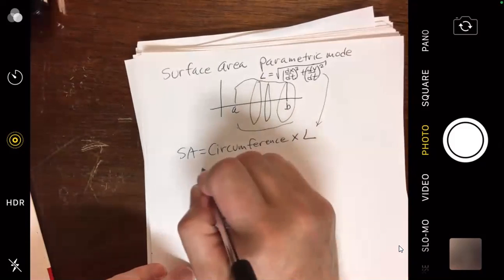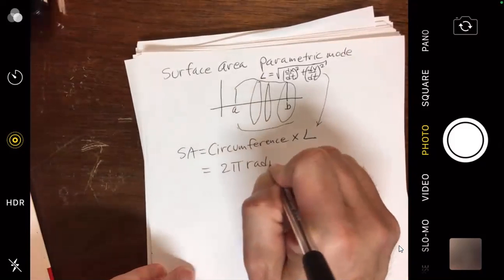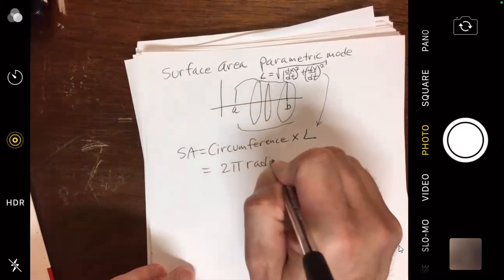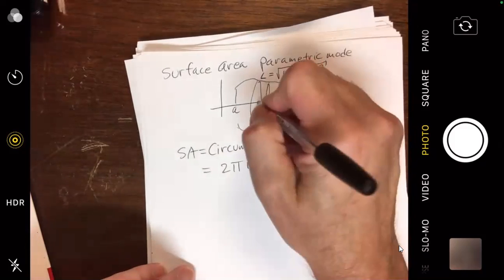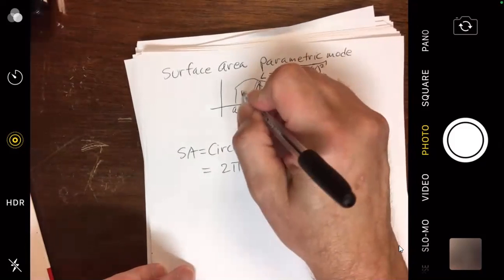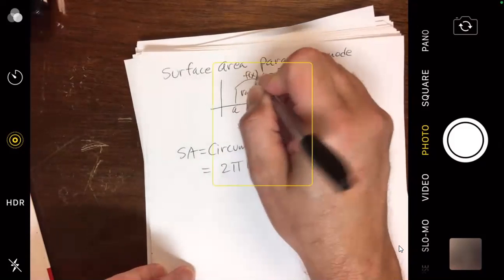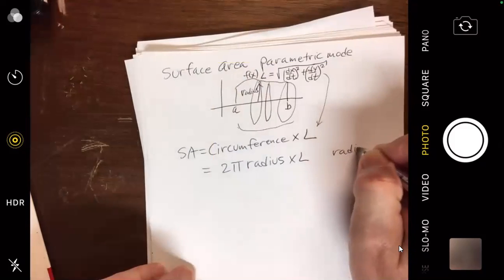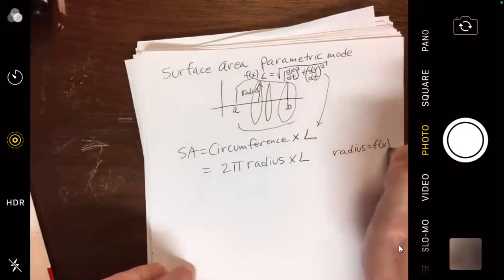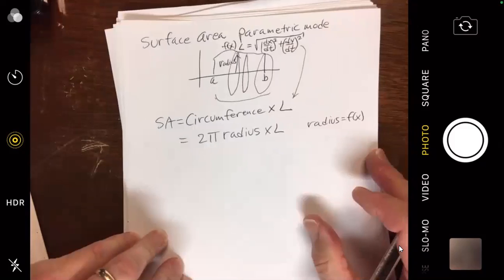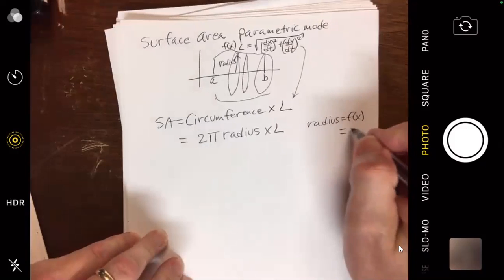Circumference is 2 pi radius times L. This is radius. And radius equals f of x. All right, and f of x equals y.